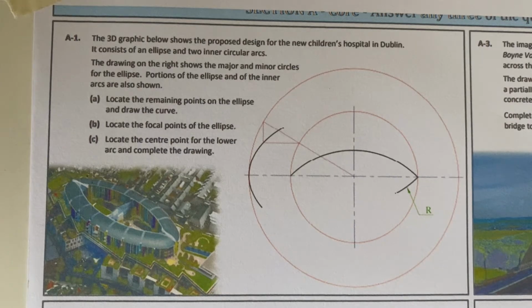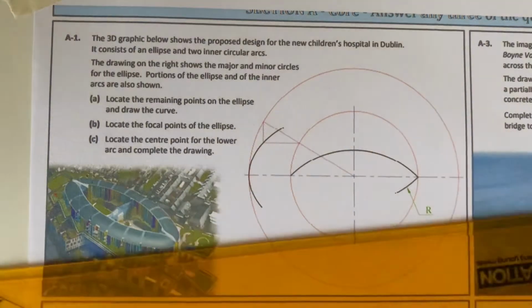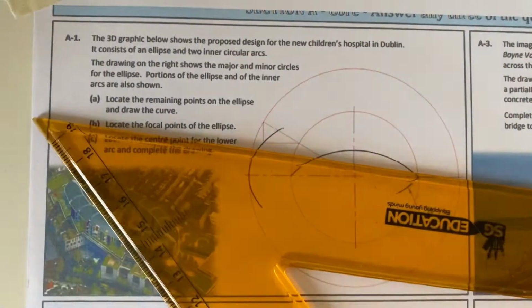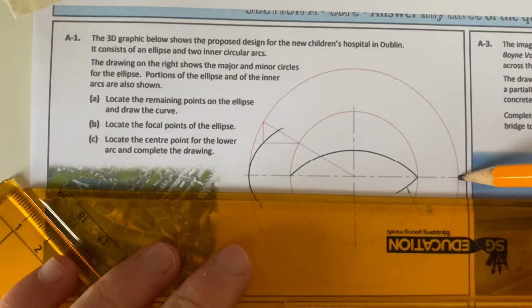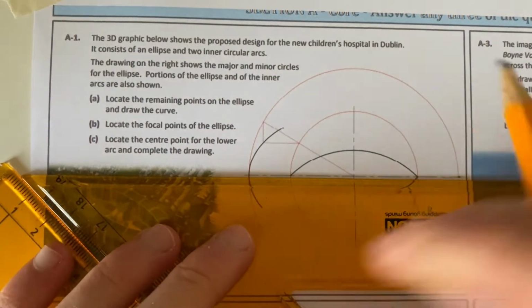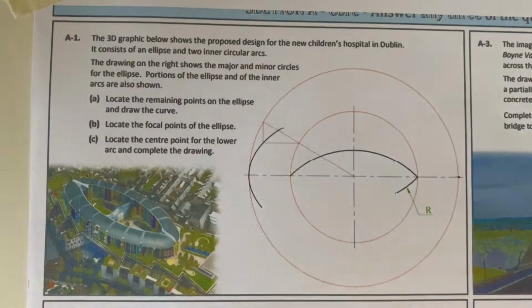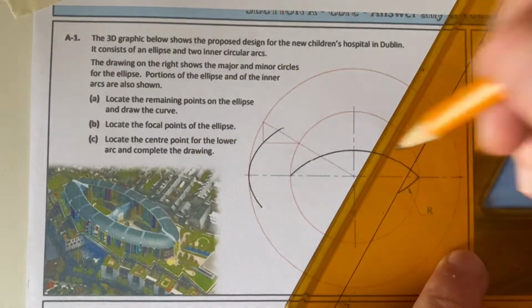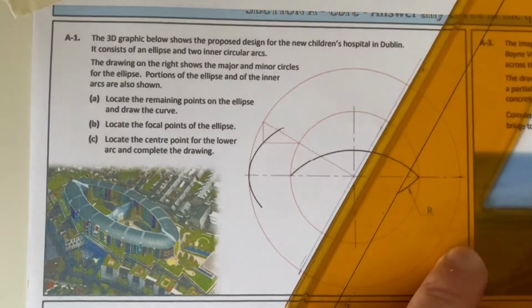Part A, locate the remaining points on the ellipse and draw the curve. So basically we're looking at the concentric circles method, and what we need to do is divide up into 30/60. Let's use my 30/60 set square and take all my points through there.